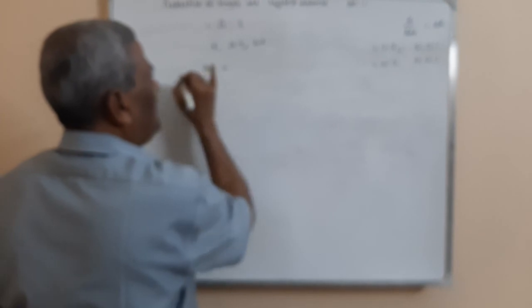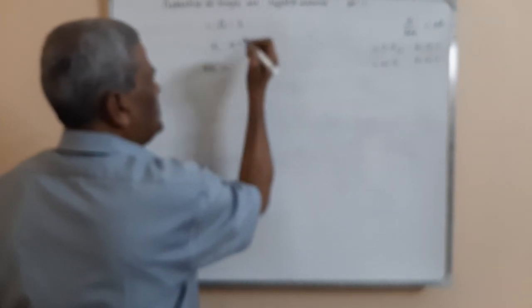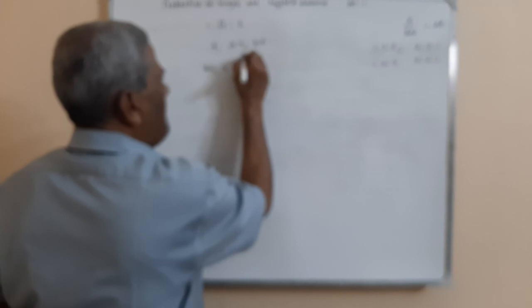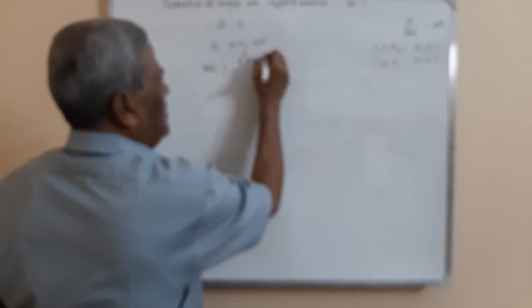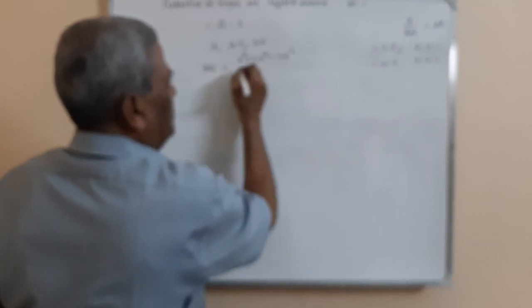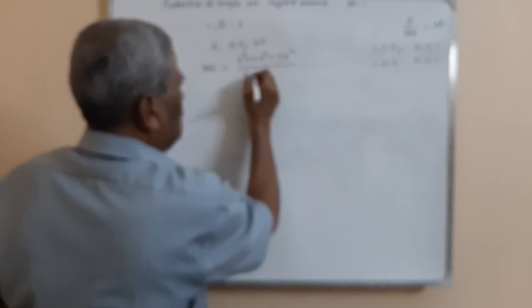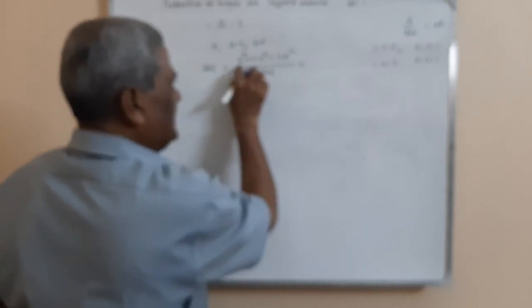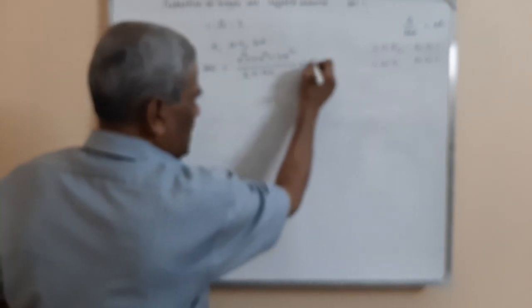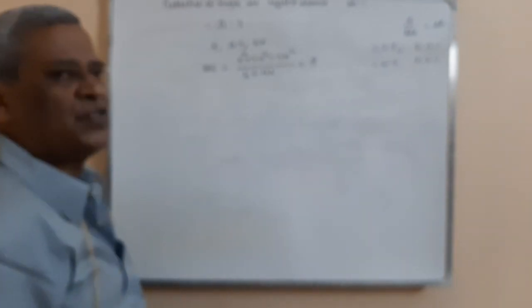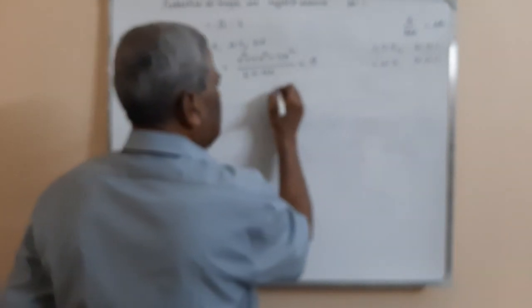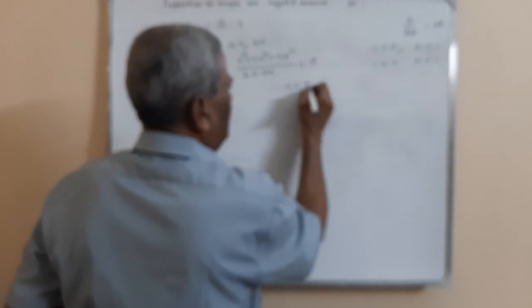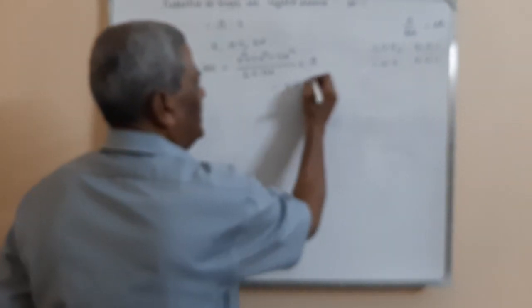Cos C is equal to a square plus b square minus c square, that is k square plus 3k square minus 4k square, divided by 2k into root 3k. But this is 4k square minus 4k square, which is equal to 0. So cos C is equal to 0. Therefore, C is equal to 90 degree.